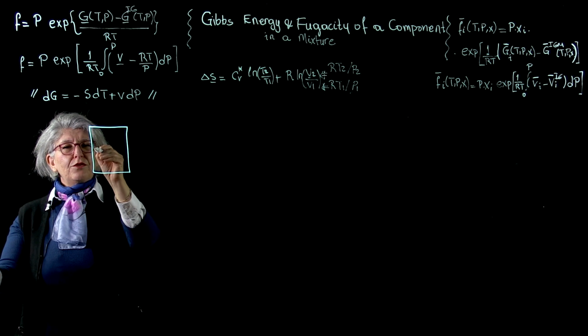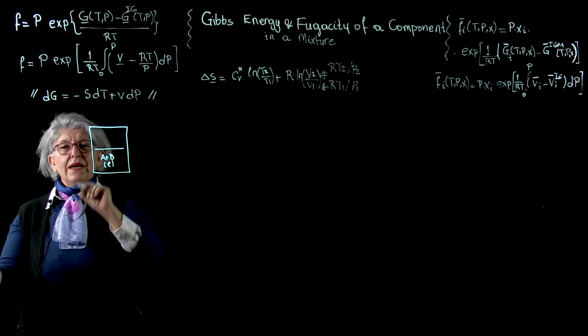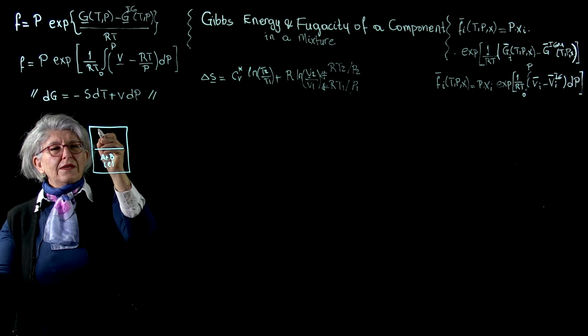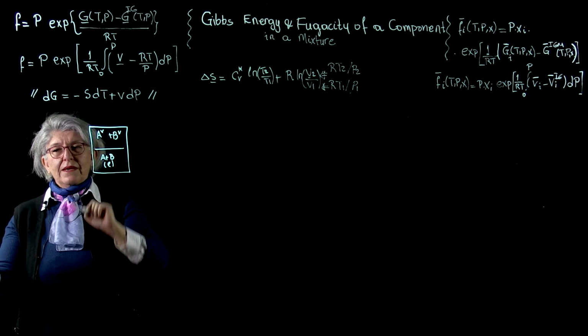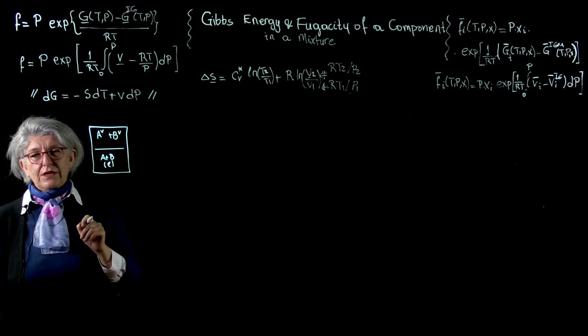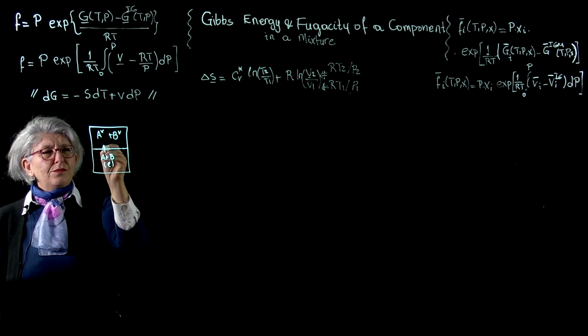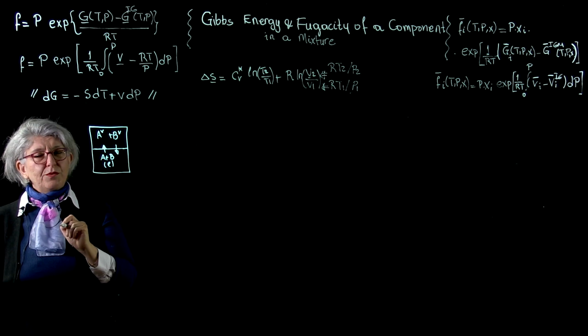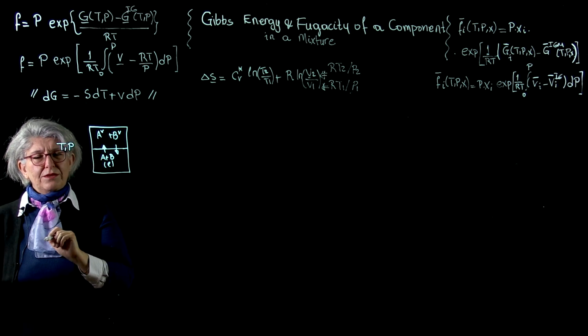So we have a mixture of A and B in the liquid phase, and we would like to calculate the composition of A and B, which is in equilibrium with this liquid. And the process is going to be at constant temperature, at constant pressure.